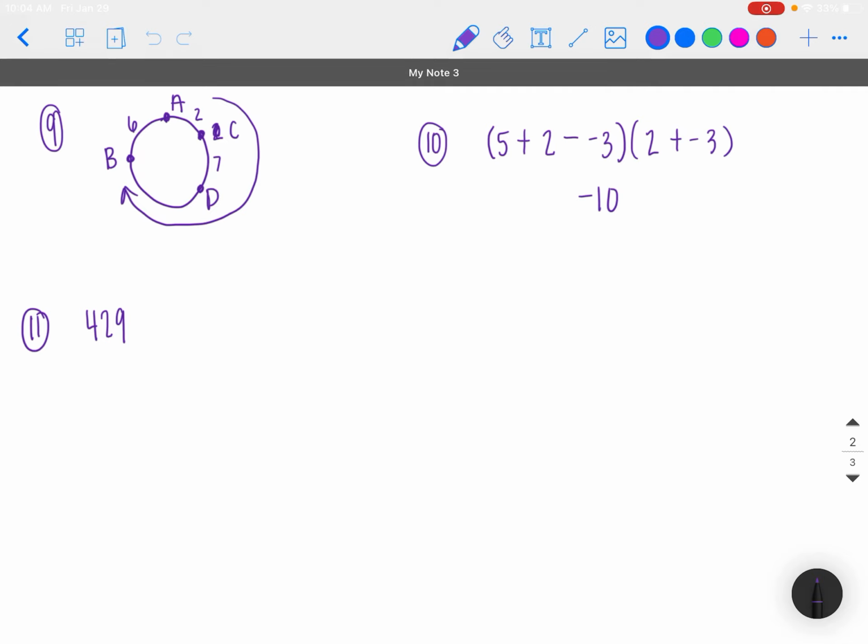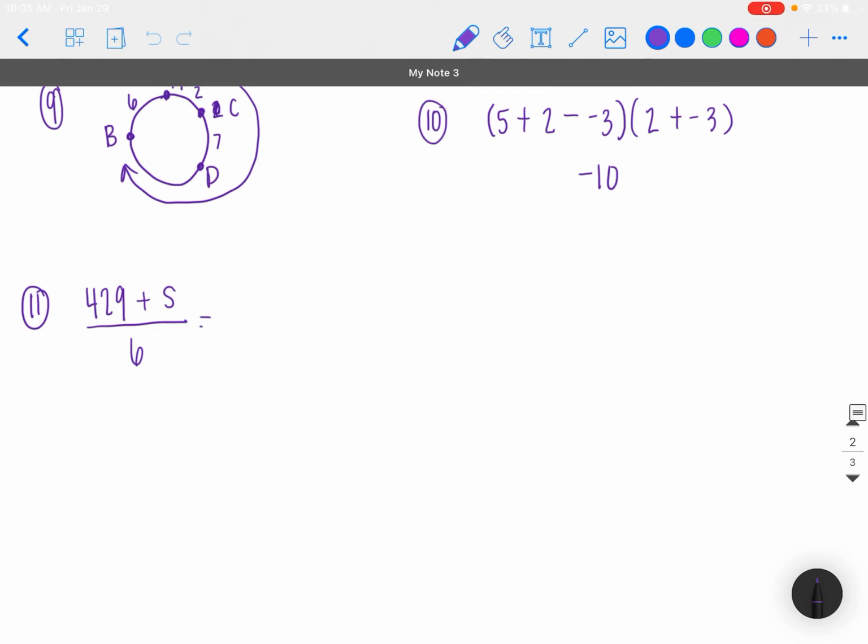All right, so we already have 429 points, and we're going to add that 6th score to that. That's how we average. You take all of your 6 scores. So we already knew 5 was 429. We're adding a 6th score, and then we're going to divide by 6. That's an average, and we want that equal to 85. So it's J.